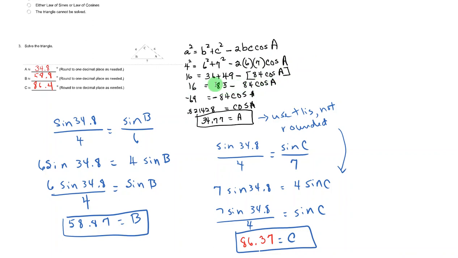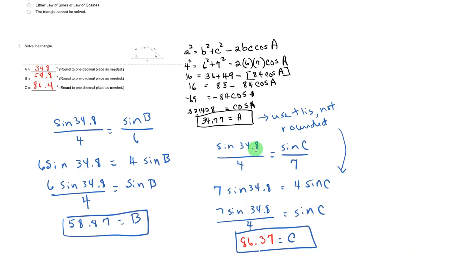So one more step, I added those two things. Now I'm going to subtract this 85 over here, and I have negative 69 equals negative 84 cosine A. Now, since that's the only thing here, I can divide by the negative 84, and I get this. And that's equal to cosine A. Now, for the answer that's going in, I can use 34.8 as going there.